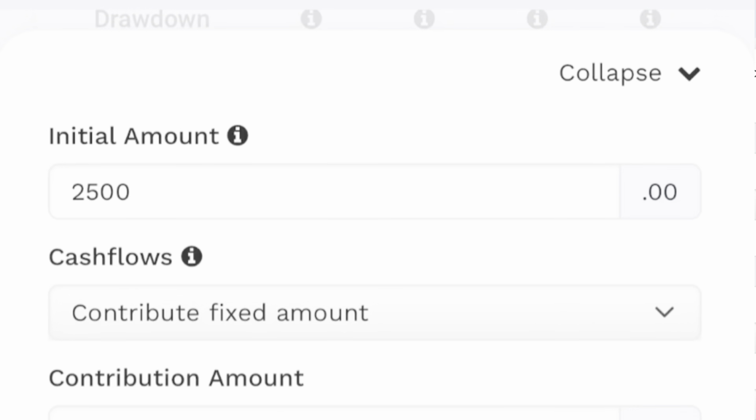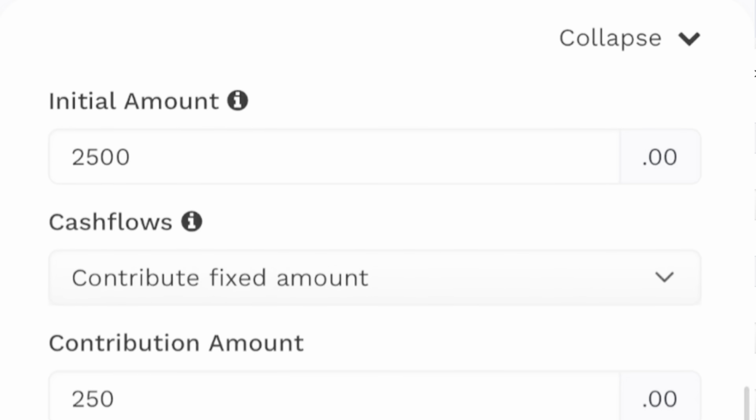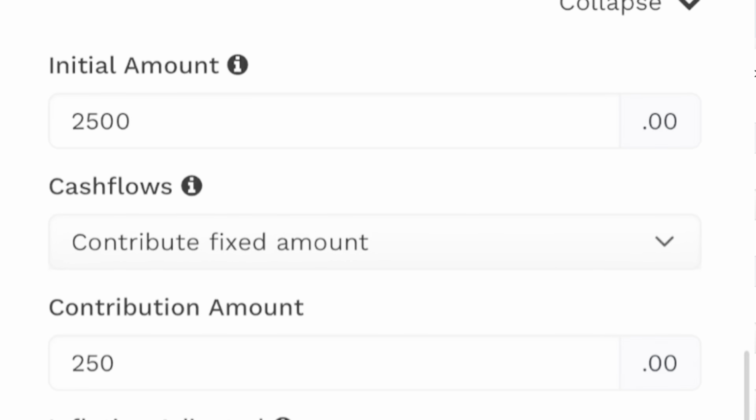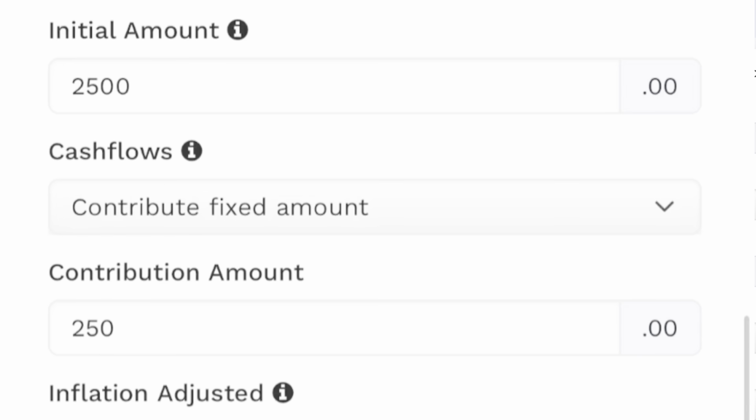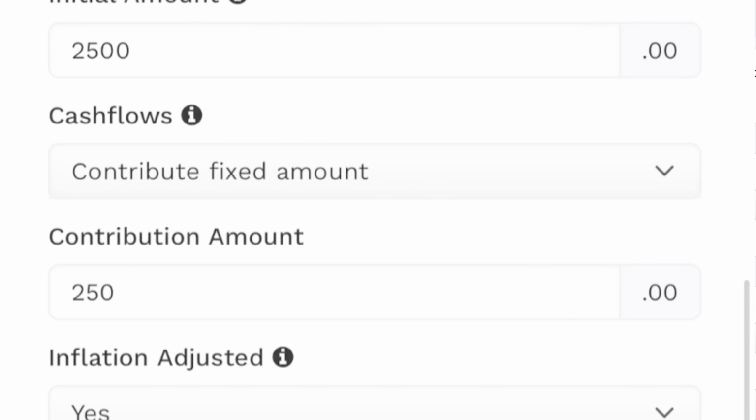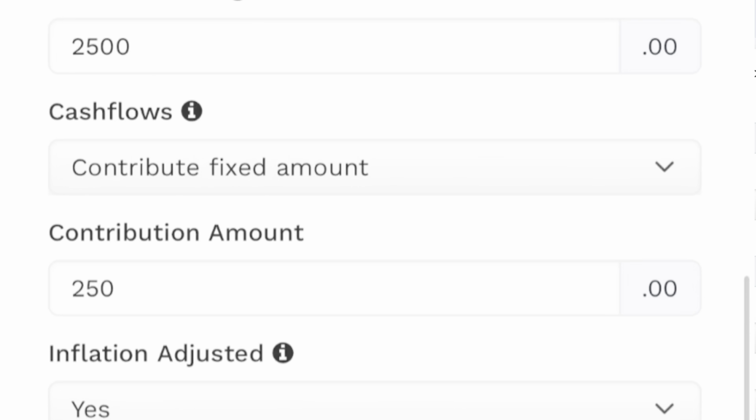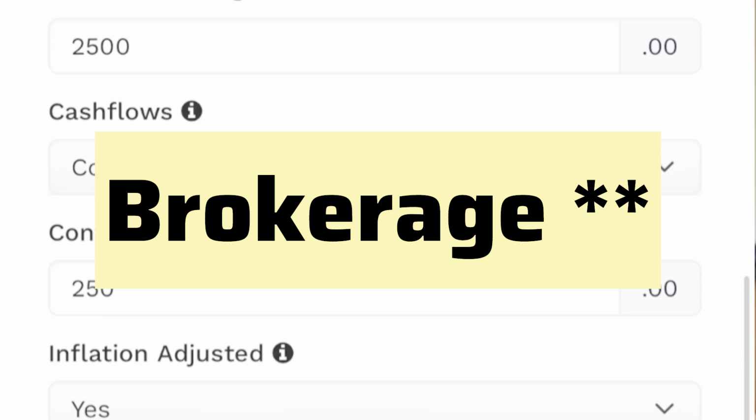So let's say you start with $2,500 to start using margin. And from there on, every month, you're going to invest $250. Remember, you start off with 2,500, and from there on, you start investing $250 into your bank account.